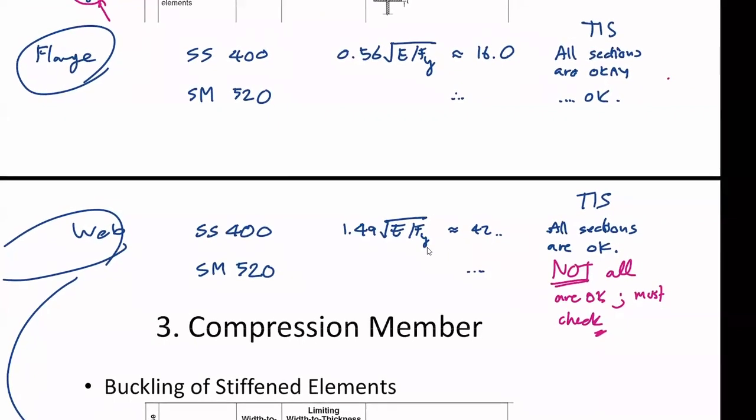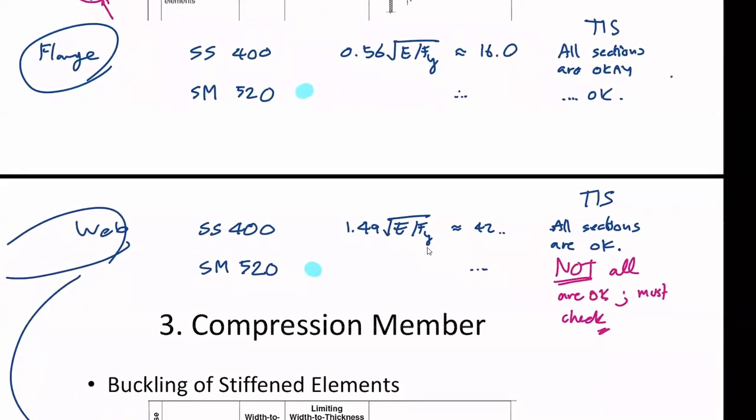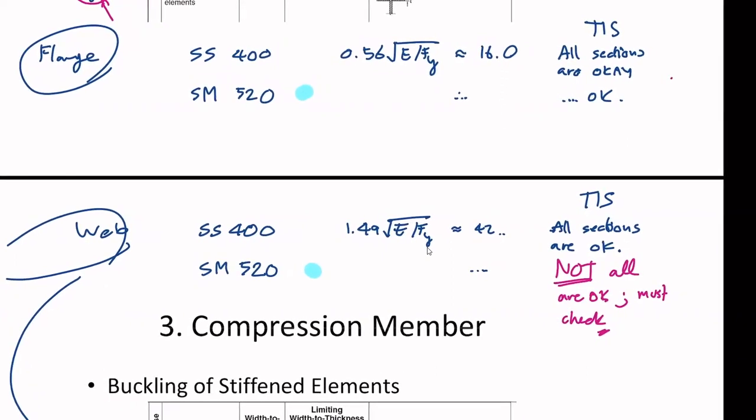Okay, and keep in mind that this is for TIS only. You may someday work with sections of hot roll that are not made according to TIS standard. So I think it's a good habit to always check this, even though you know that it's going to be okay.